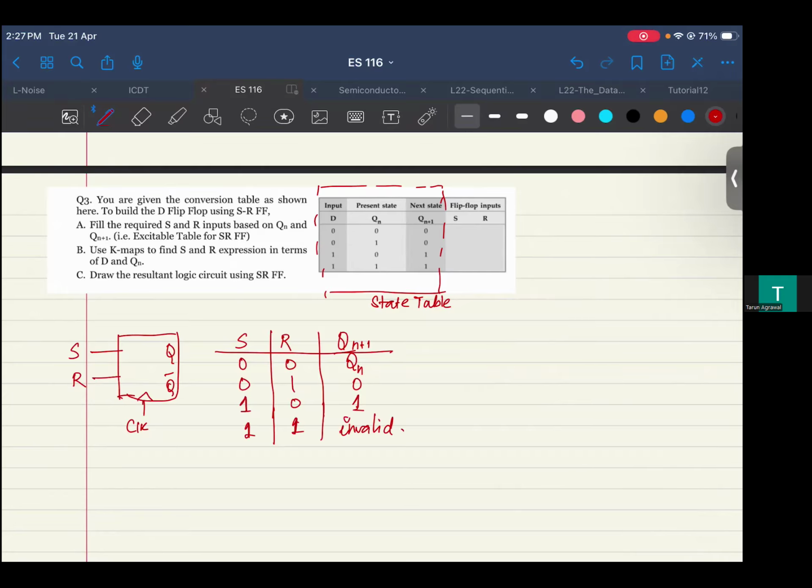But now we have to build this state table using this flop. That is when we said that what we have here can be converted. So this is your truth table. If we want to write in terms of S and R, which is what we have to find, then we have to convert this to something called an excitation table.